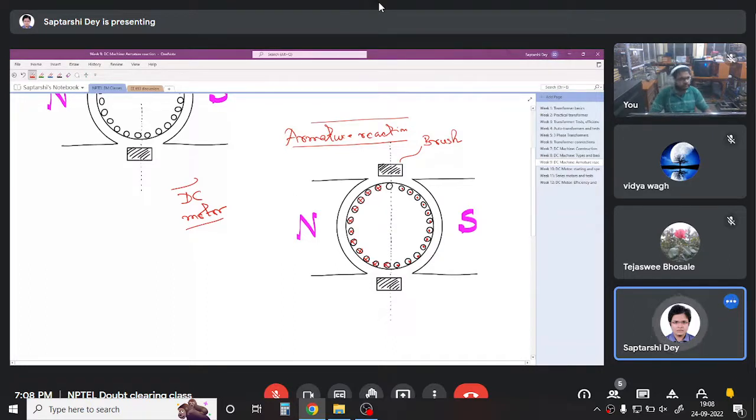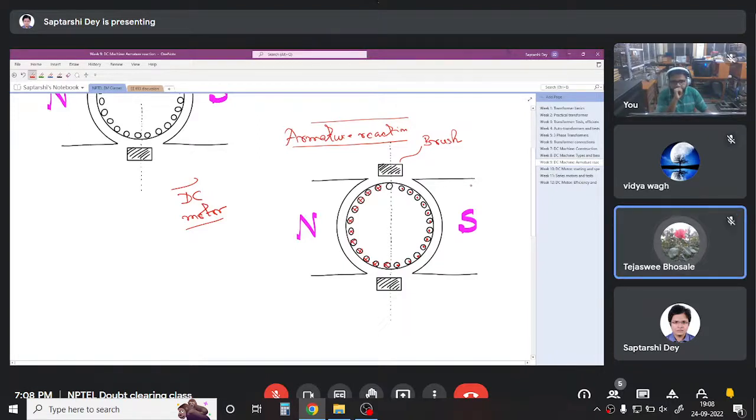Now the question is, in which direction is the DC motor rotating? From here we have the current direction, we have the magnetic field. From here, can we comment in which direction the rotor will rotate, clockwise or anti-clockwise? Clockwise. How do we know?